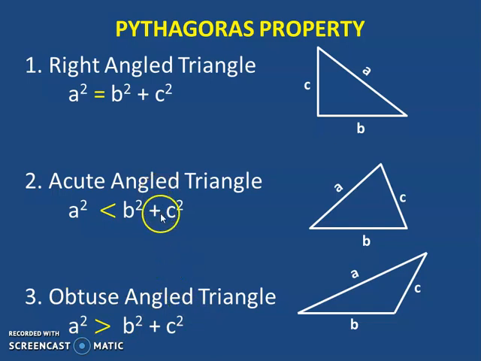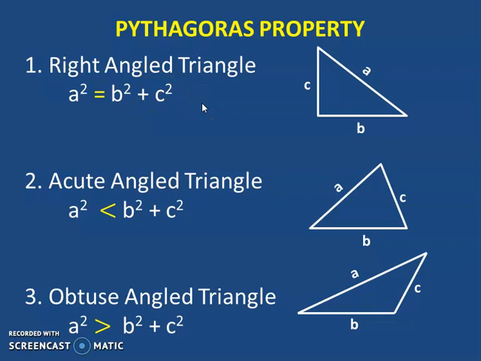So the Pythagoras property does not hold in these two conditions. In a right angle triangle, if the lengths are given in this form and you can find the solution, then the Pythagoras property holds and it will be a right angle triangle.